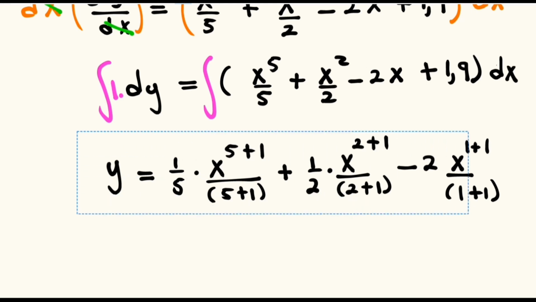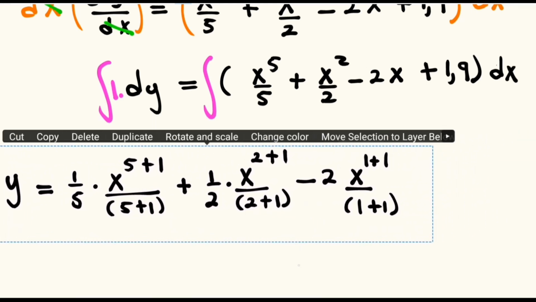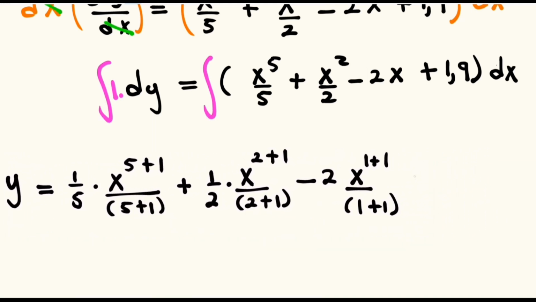Let's create some space. The integral of the positive 1.9 will be equals to 1.9x plus our constant c1.